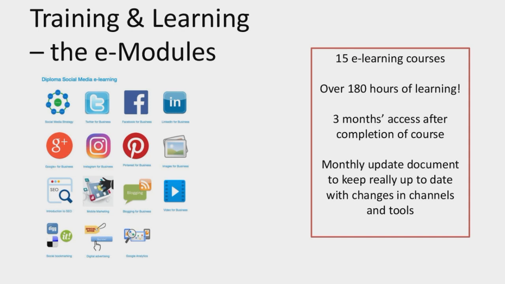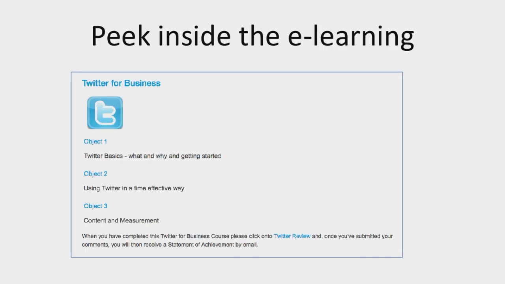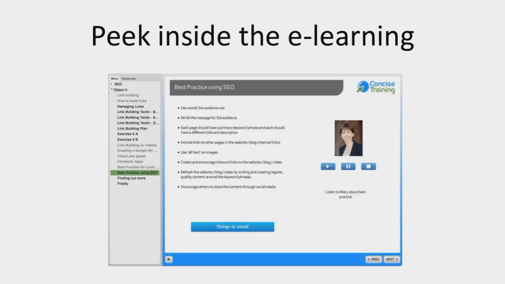Now, just to show you how these e-learning courses work, this is the Twitter one, for example, and it's made up of 3 e-learning objects, and you just need to click onto the link to open up the object, and it opens in a new tab. So navigation is easy. This one shows object 3 of the Introduction to Search Engine Optimization course.